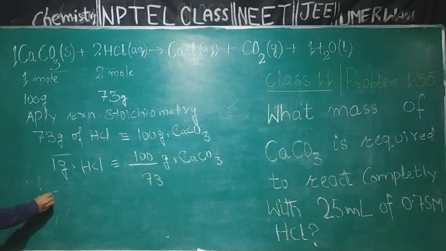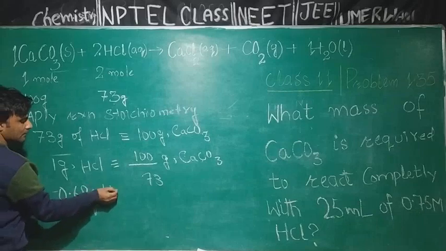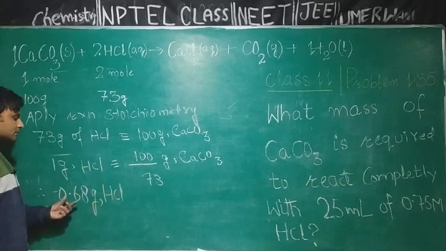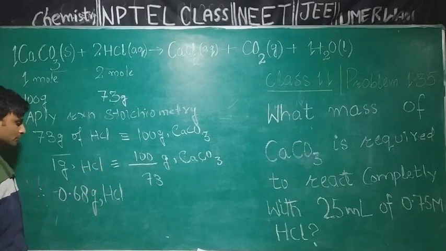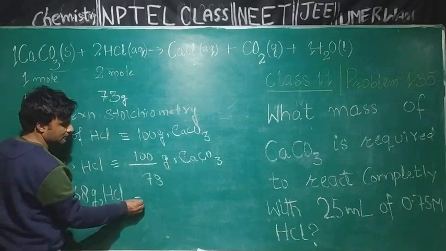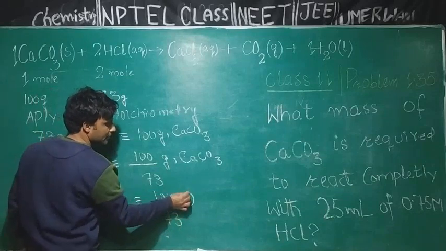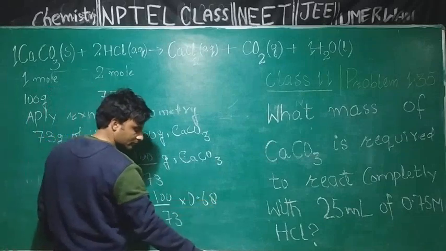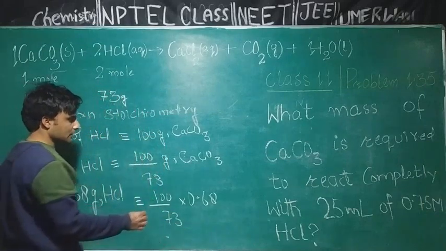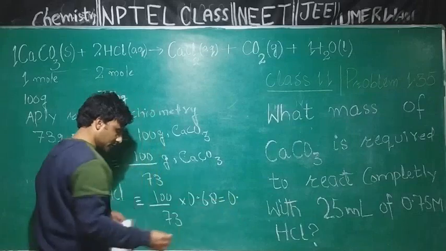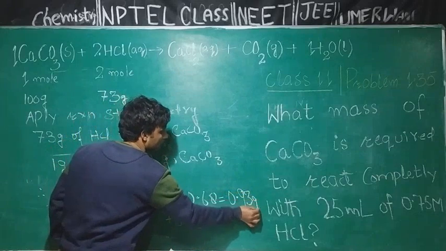Therefore, 0.68 grams of HCl, which is the dissolved mass of HCl present in 25 ml of 0.75 molar solution, will react with 100 divided by 73 multiplied by 0.68, and it comes to 0.93 grams of calcium carbonate.